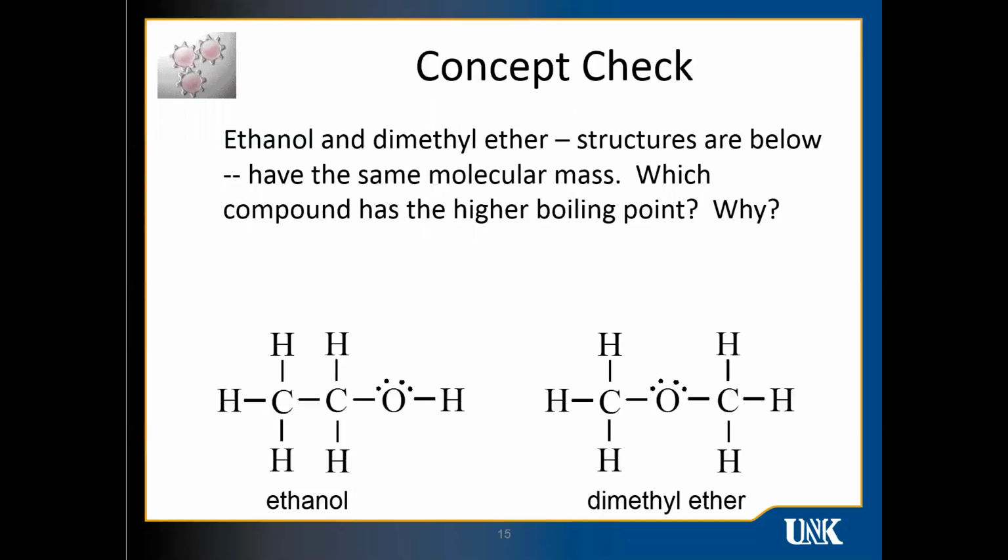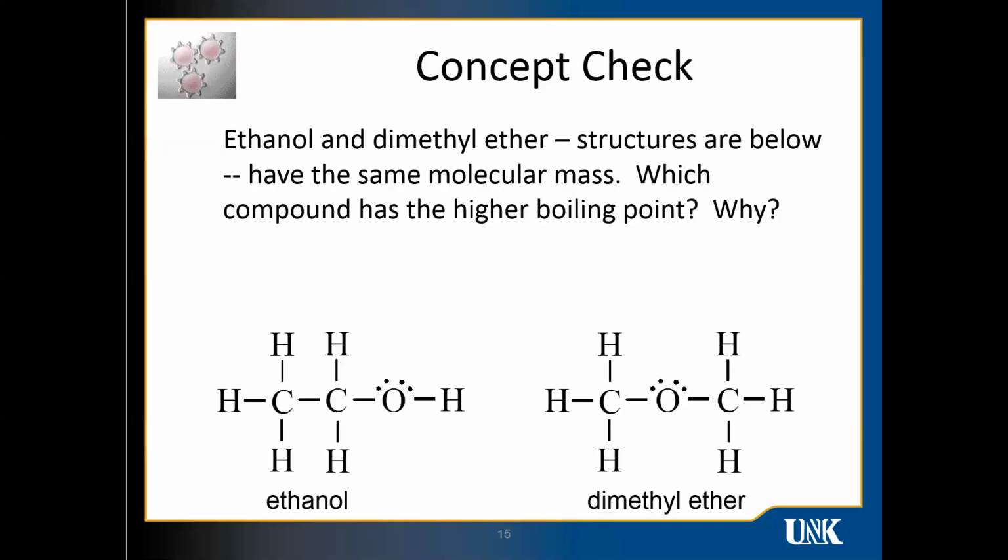Another question: ethanol and dimethyl ether. We've got these structures below. You notice they both have the same molecular mass. They're composed of the same atoms, just different arrangements. Would one compound have a higher boiling point than the other, and why? Well, the key feature to look at is the OH bond on the ethanol molecule.